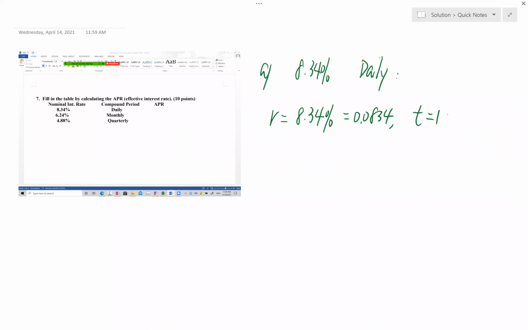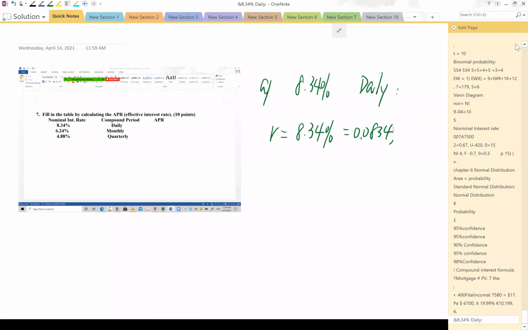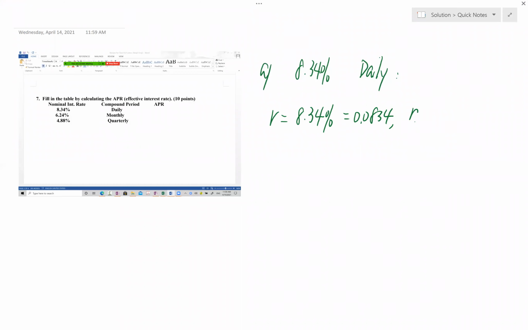And we usually don't even use that time T, because by default we only consider within a 1 year period of time. And the number of compounding periods daily is 365. And that's all, right? So the effective interest rate I_E equals 1 plus R over N, to the nth power, minus 1.